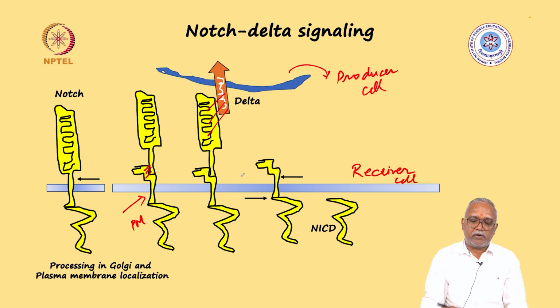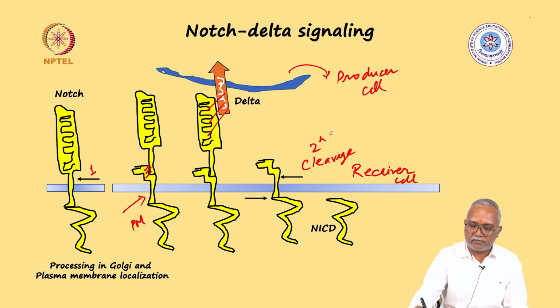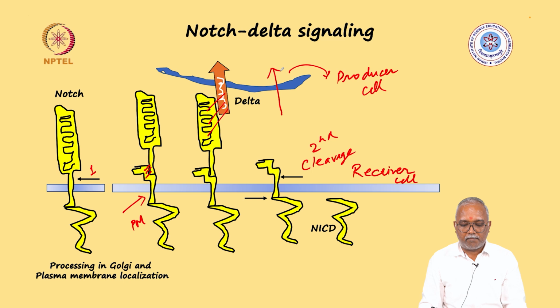So the same thing will be happening here, where this productive engagement of signaling between Delta and Notch induces the cleavage. The first cleavage happens here. If I can say this is the first cleavage, then this is the second cleavage. This will remove the Notch extracellular domain and it will be taken back into this producer cell.